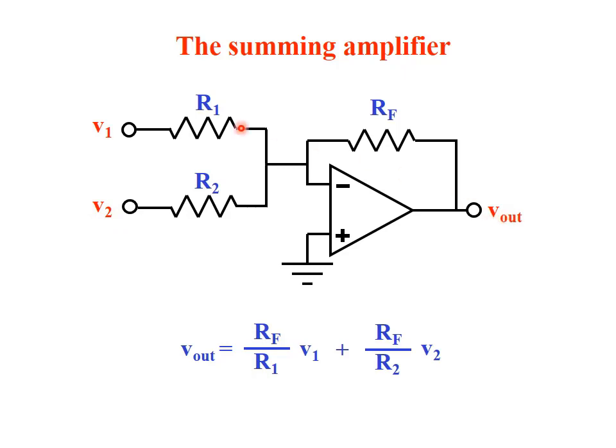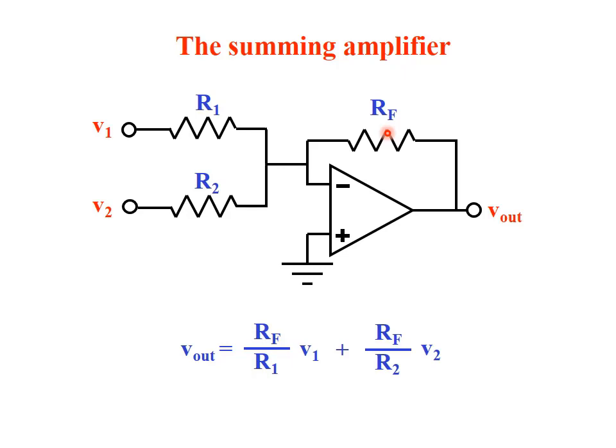The output will be the sum of these two signals. So to calculate Vout: RF over R1 times V1 plus RF over R2 times V2, and if we have a third input, it's going to be plus RF over R3 times V3, and so on. So a very simple circuit that does the job.